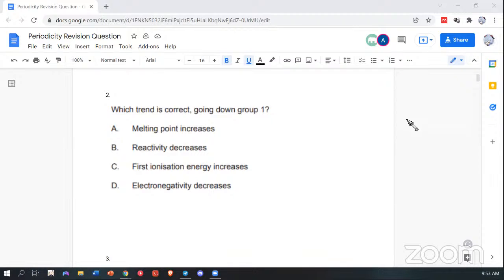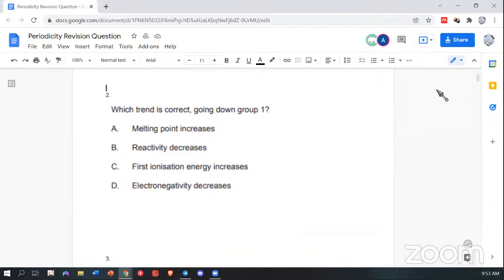If you are referring to the same group, katakanlah this is group 1, semua group 1 akan ada effective nuclear charge yang sama, positive 1.